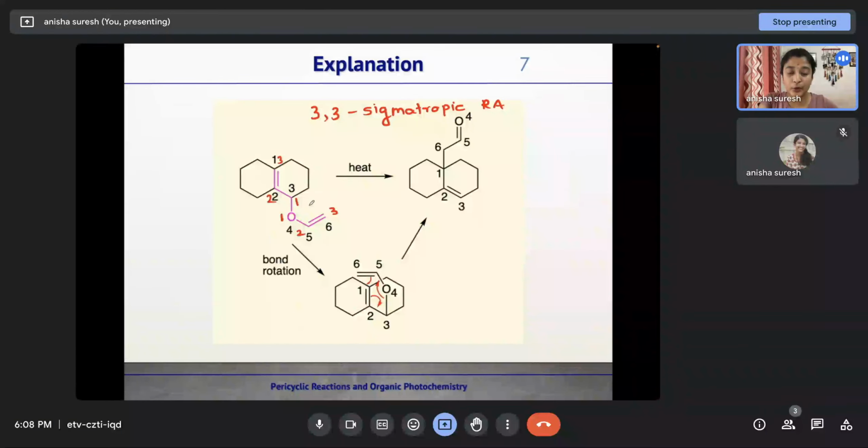Then we do a bond rotation so that these two double bonds come in proximity, and then we have carried out the 3,3 sigmatropic rearrangement. So we will get this as the major product. Clear?